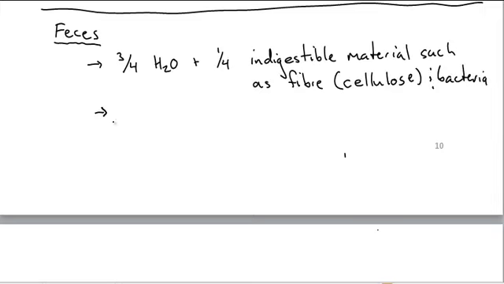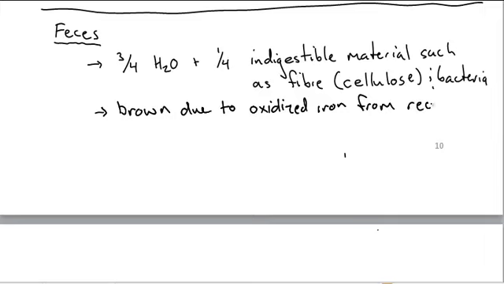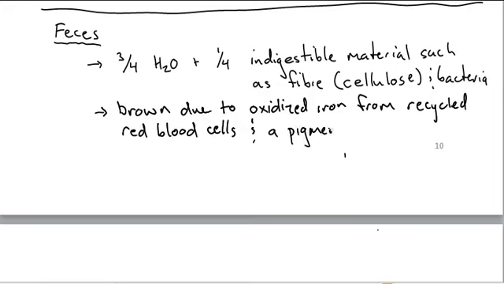Now, if it's healthy, your feces should be brown in color due to oxidized iron from recycled red blood cells, and a pigment called bilirubin, also from red blood cells.